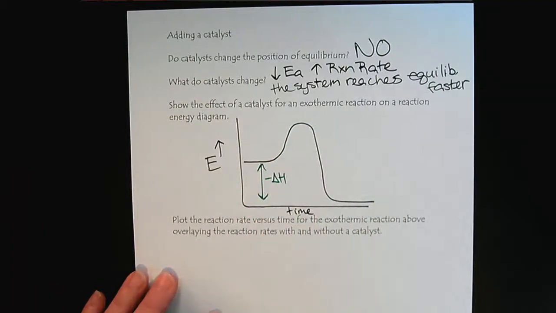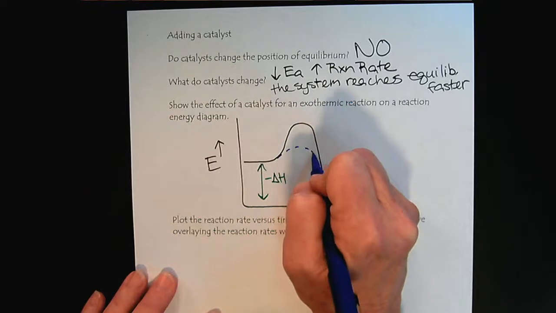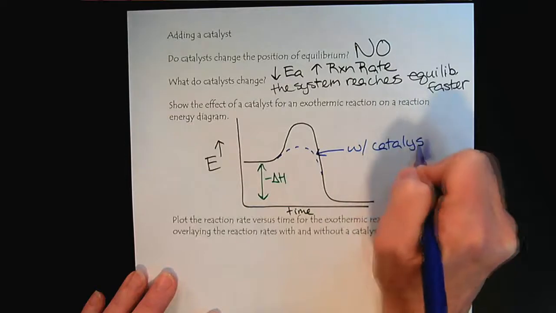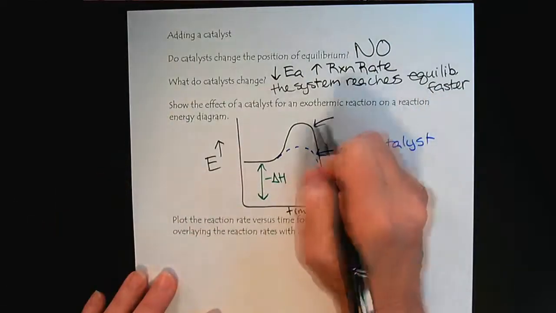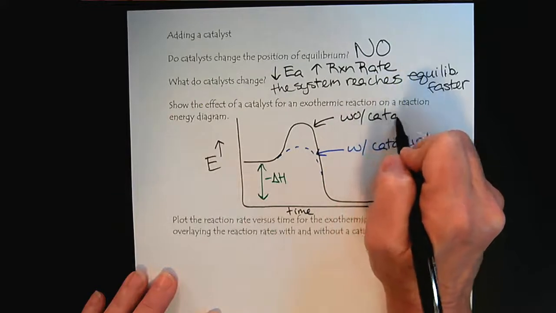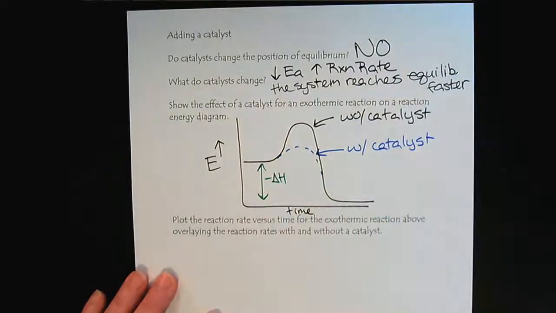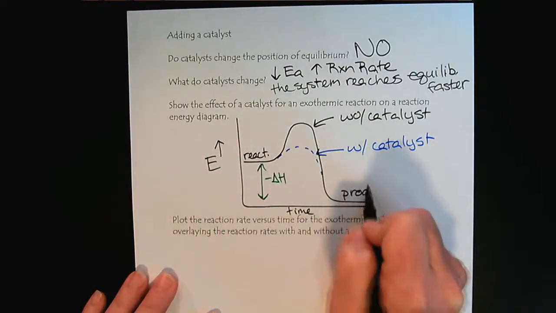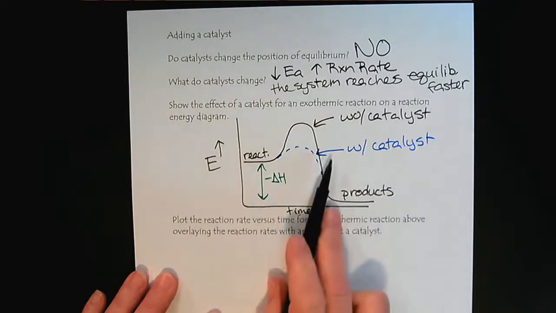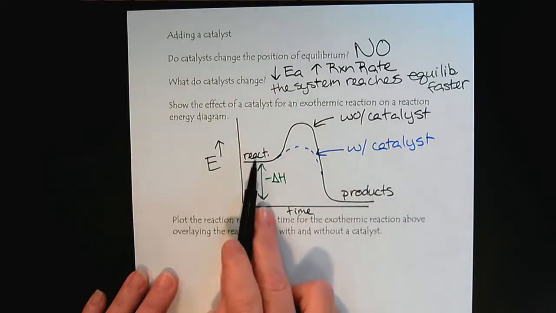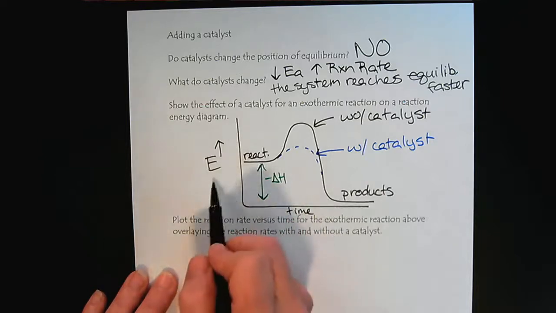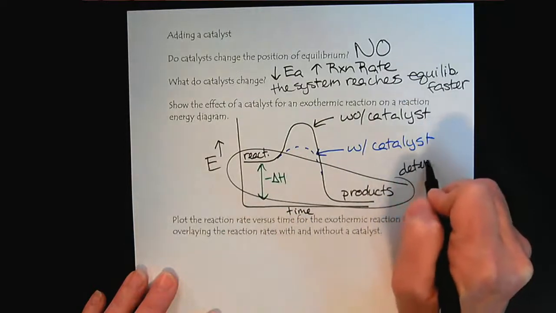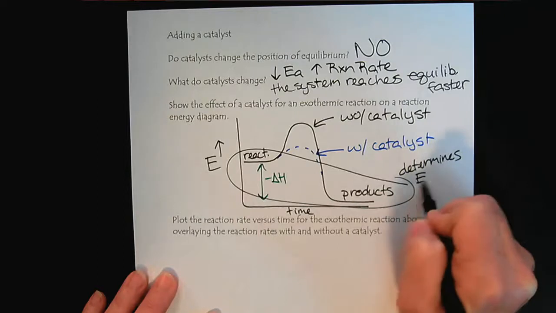And if we go with or without a catalyst, of course the solid is without catalyst. Alrighty, and here we have our reactants and products. A catalyst does not change the energy difference between the reactants and the products. It's this energy difference that determines equilibrium.